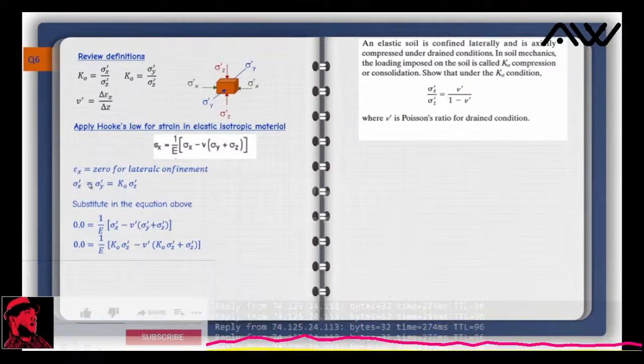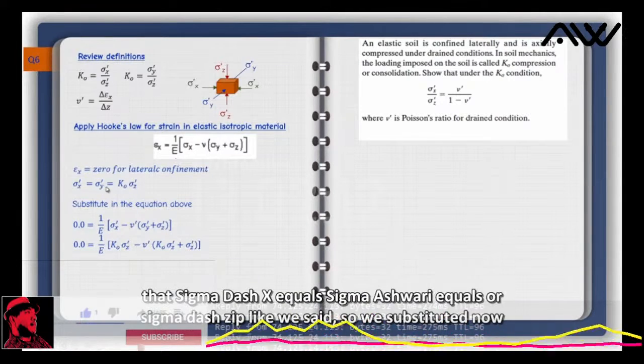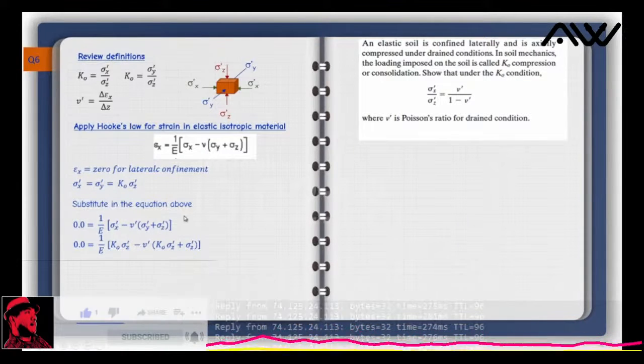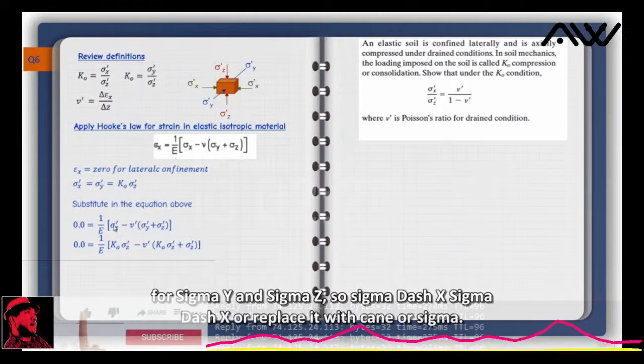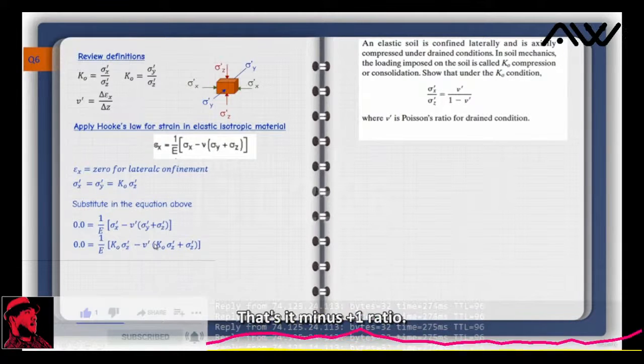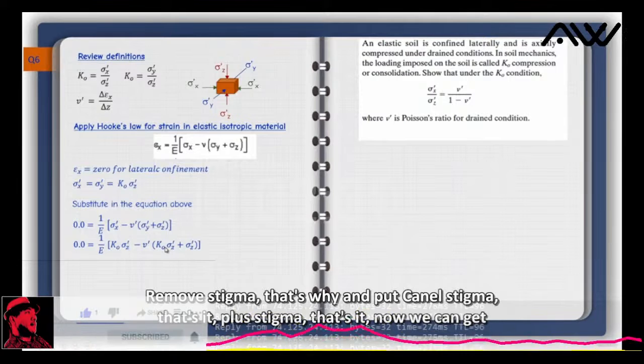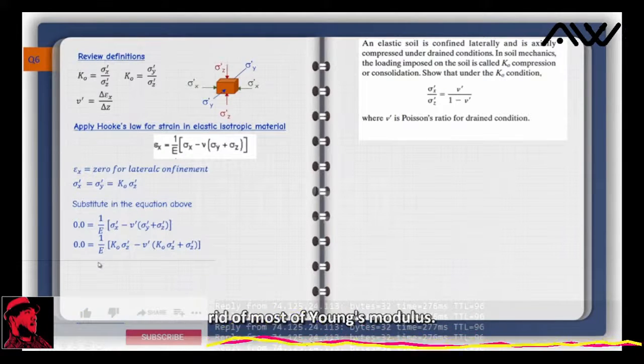But we know that sigma dash X equals sigma dash Y equals K naught sigma dash Z, like we said. So we substitute now for sigma Y and sigma Z. So sigma dash X, I replaced it with K naught sigma dash Z, minus Poisson ratio, remove sigma dash Y and put K naught sigma dash Z plus sigma dash Z. Now we can get rid of Young's modulus.